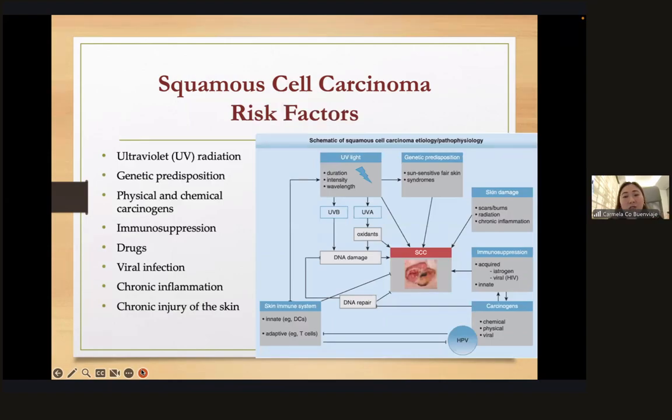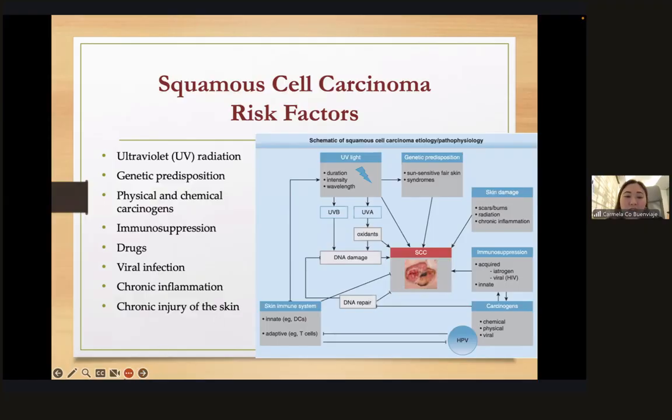So risk factors for SCC are ultraviolet or UV exposure, radiation, that's number one, then genetic predisposition, physical and chemical carcinogens, immunosuppression, some drugs, viral infection like HPV, chronic inflammation of the skin, for example, recurrent trauma or chronic injury of the skin like burns.